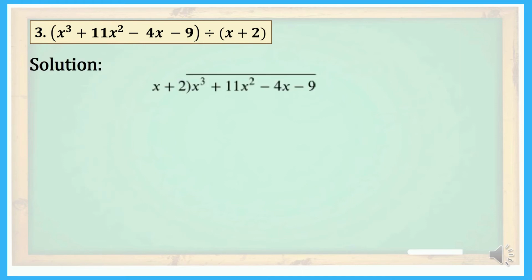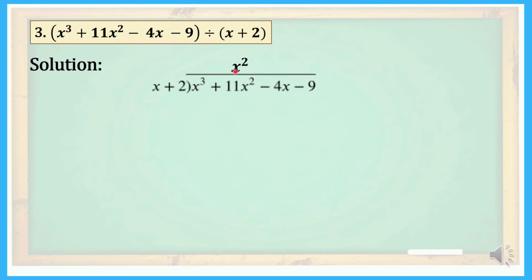So we have now x cubed plus 11x squared minus 4x minus 9 divided by x plus 2. So in this example, just like in previous examples, divide the first term of the dividend to the first term of our divisor. So we have x cubed divided by x is x squared.